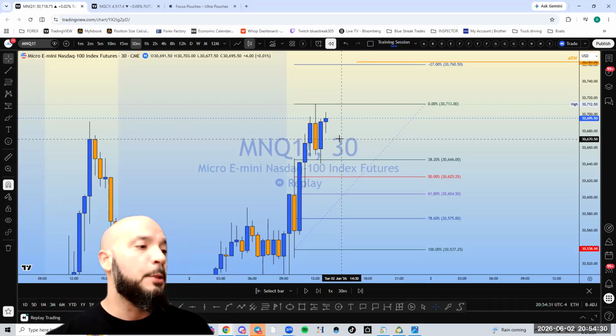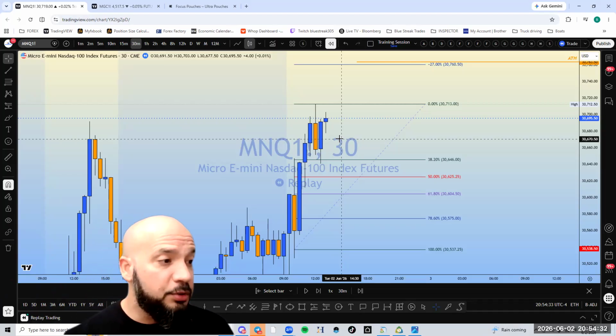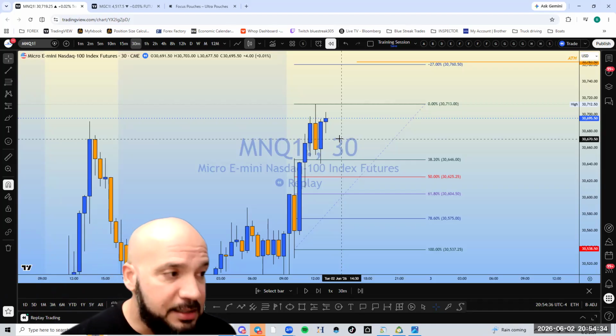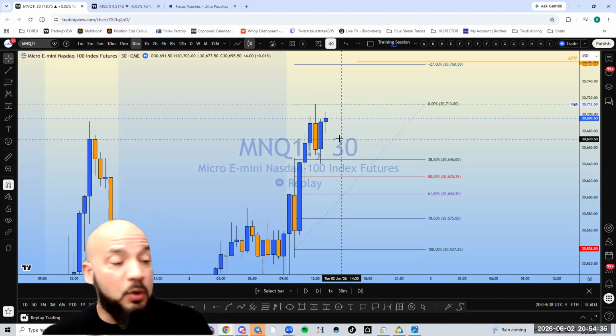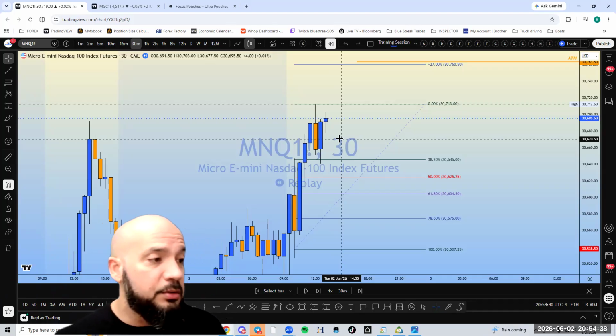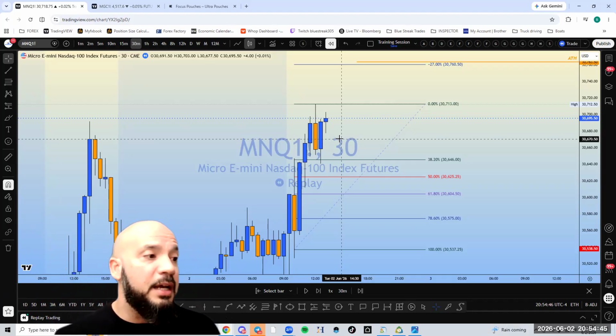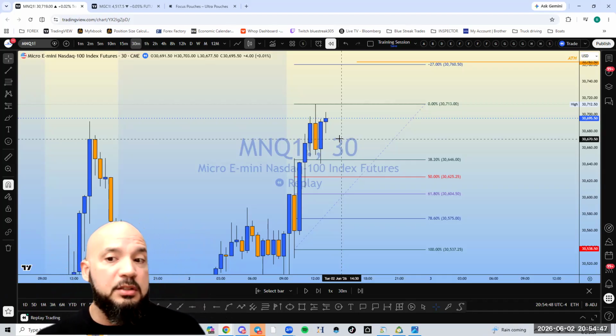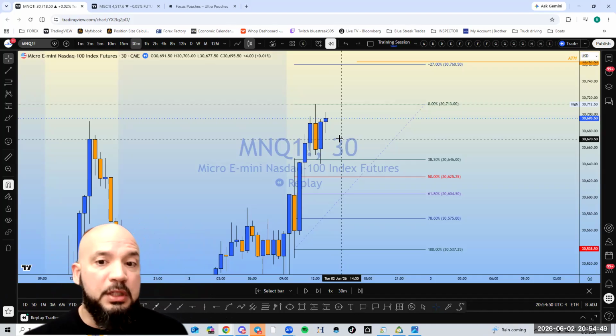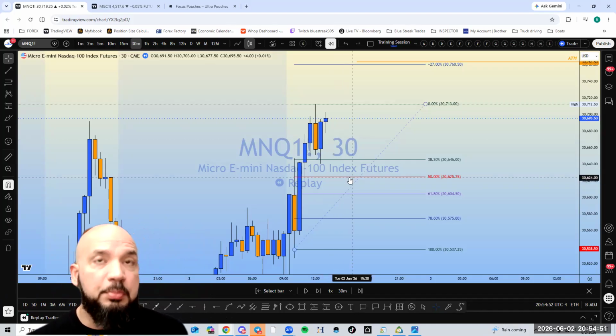Never. Does the asset always blow through the 38.2? Constantly. It doesn't mean it won't use the 38.2. It'll use it, but more than likely, it'll use it as a rejection point and then come back for further extension down to the 618, which brings me to the 50%.